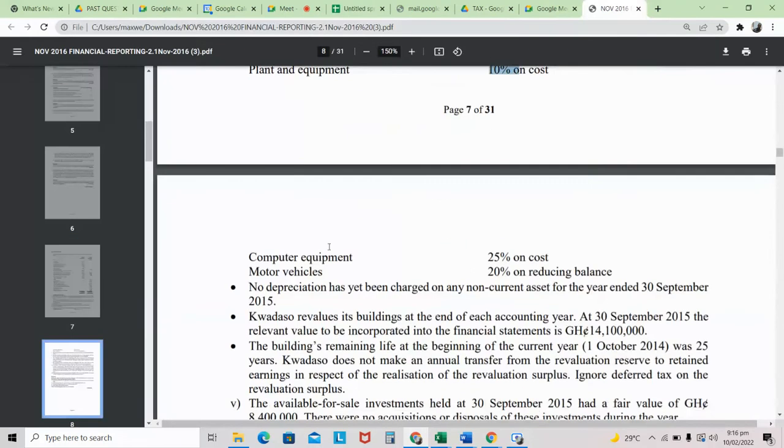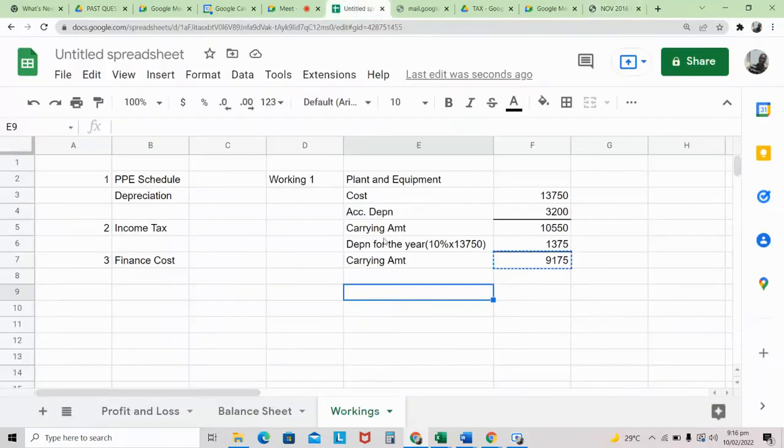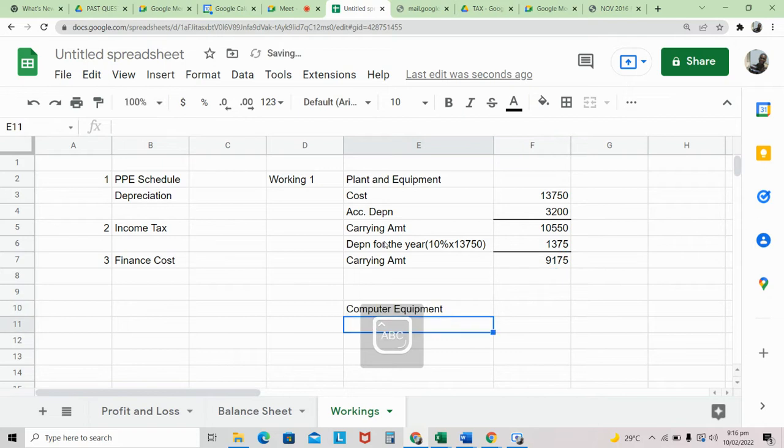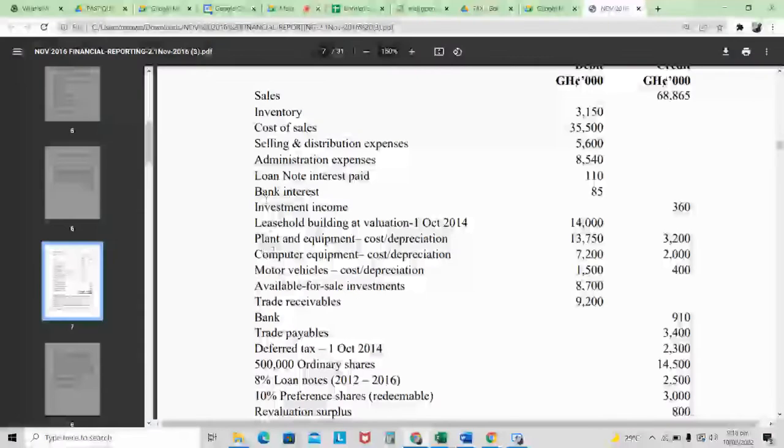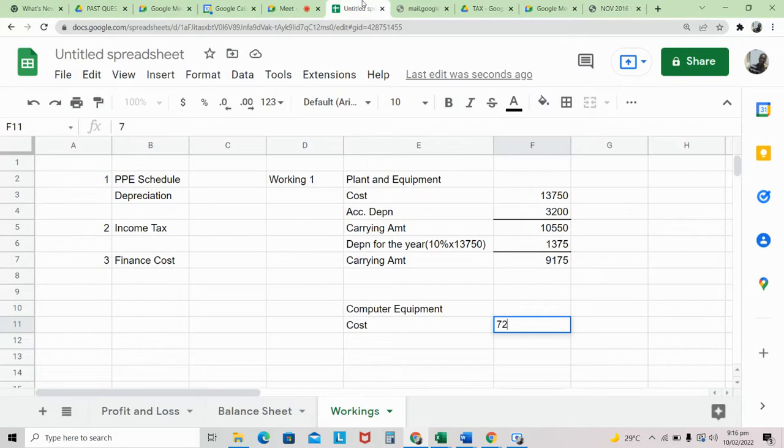All right, let's look at our computer equipment. What is our cost? This computer equipment, our cost is 7,200.